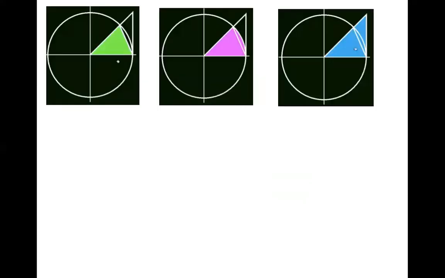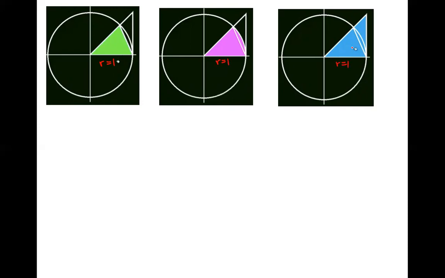I will color a few things. First of all, I have this green triangle, okay? Let me add this circle, I can call a unit circle. Radius is 1. That's the radius.